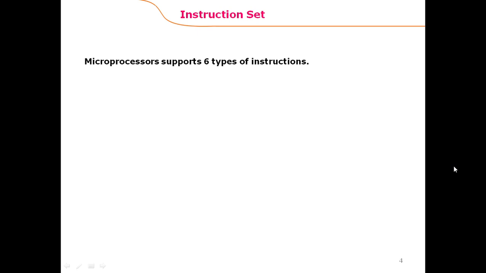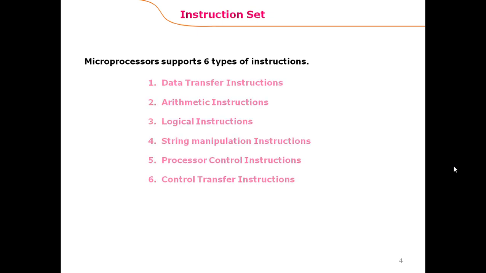The 8086 microprocessor supports six types of instructions. The first group is data transfer instructions. These instructions are used to transfer data from one location to the other. The other group is arithmetic instructions.